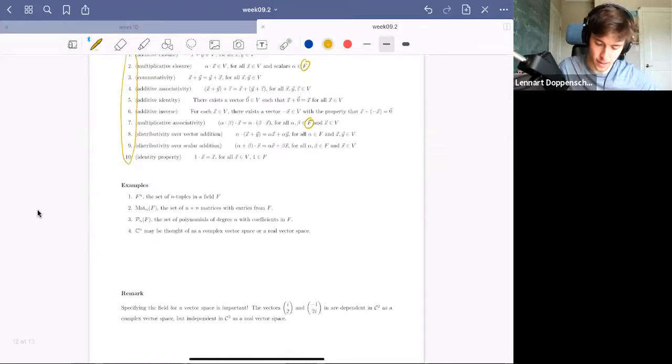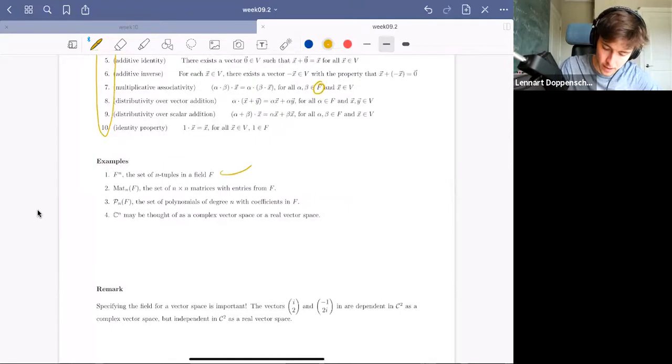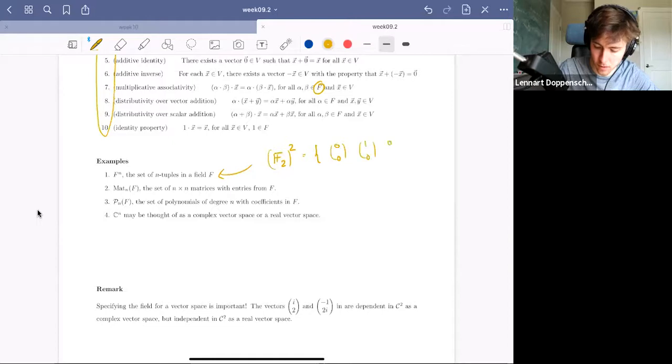Let's go to the examples. You could have, for example, the vector space of 2-tuples made up of 0s and 1s. So this will be just the set of (0,0), (1,0), (0,1), and (1,1), because each entry has to be an element in the field. And this is just the n-tuples in the field.